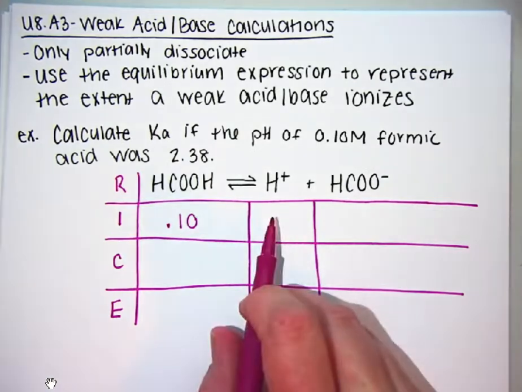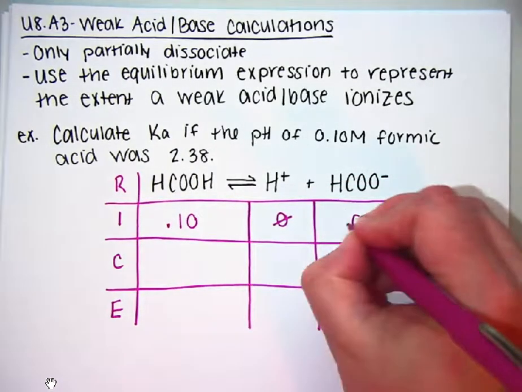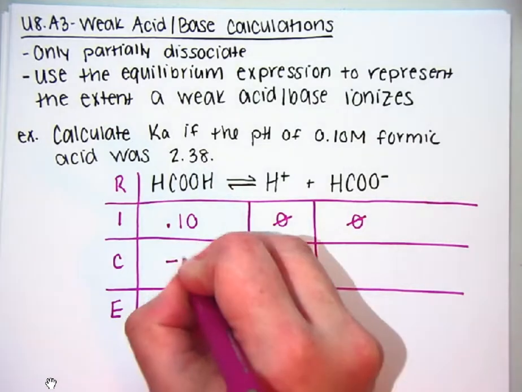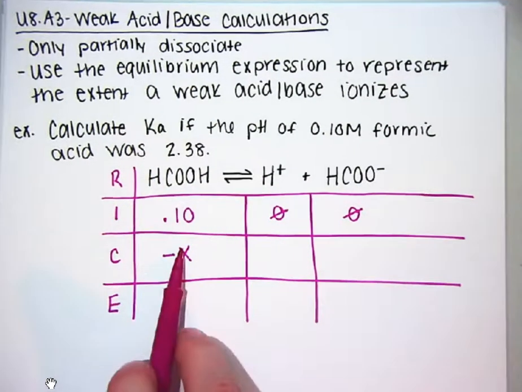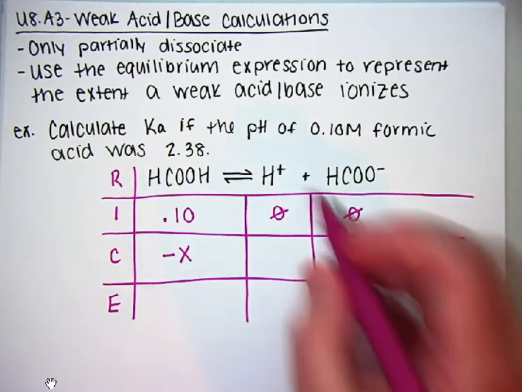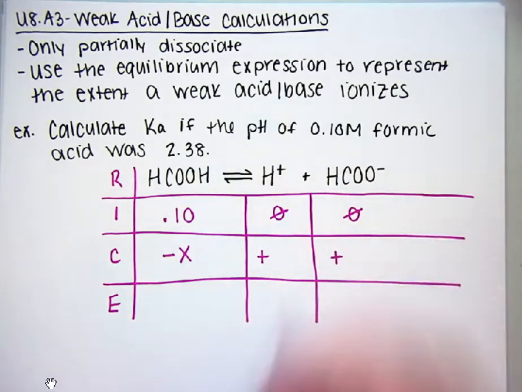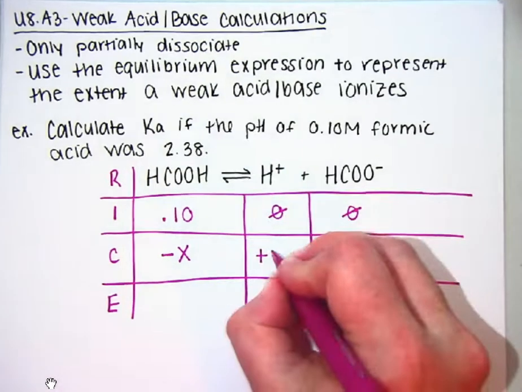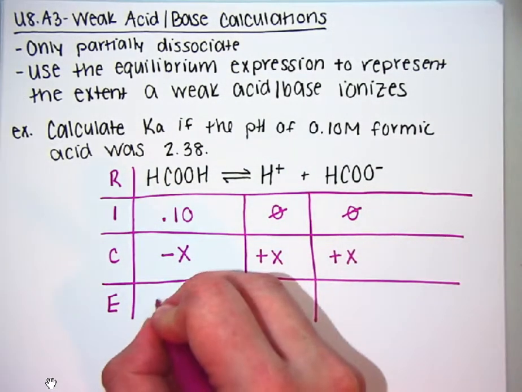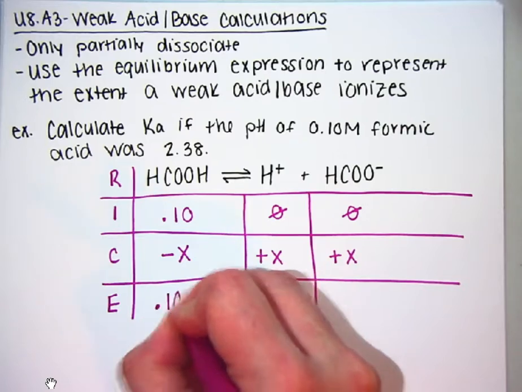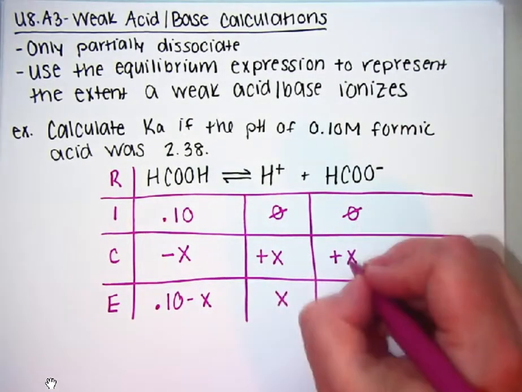We're always going to assume that the initial concentration of our products is 0. Reactants will decrease in concentration and has a coefficient of 1, so minus 1x. Products are always going to increase in concentration, and again, they each have a coefficient of 1. So my equilibrium concentration would be 0.1 minus x. 0 plus x is x. 0 plus x is x.